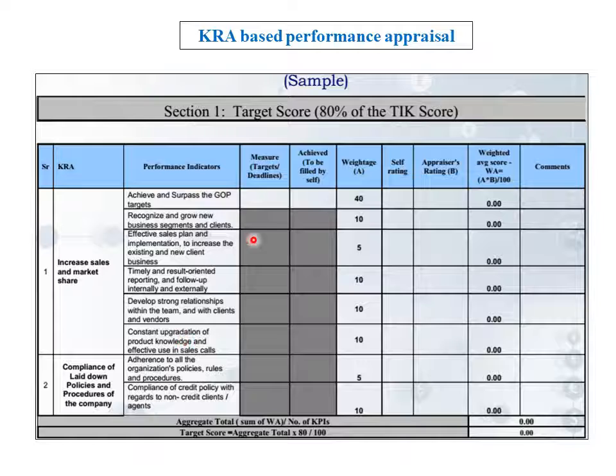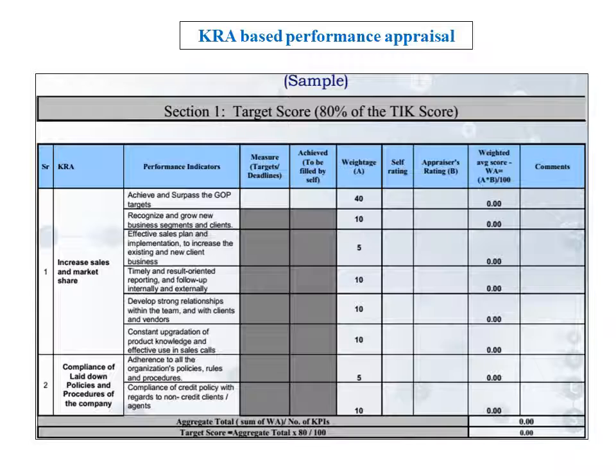On the indicators, what measures can be taken, what are the targets, what are their achievements, then weightage, then self rating has to be given by the employee. After self rating, superior rating can be given by the appraisers, then weighted score, average score, and the comments.